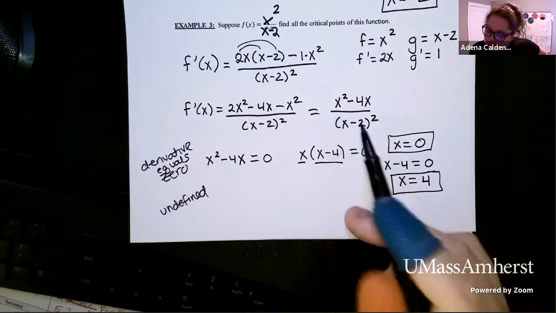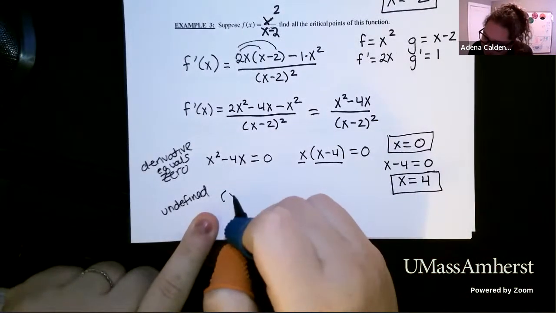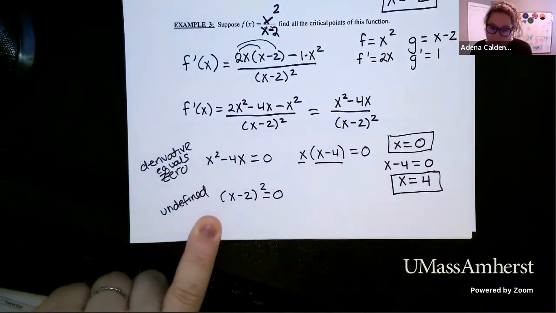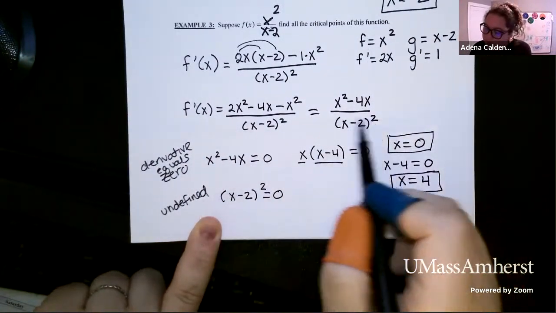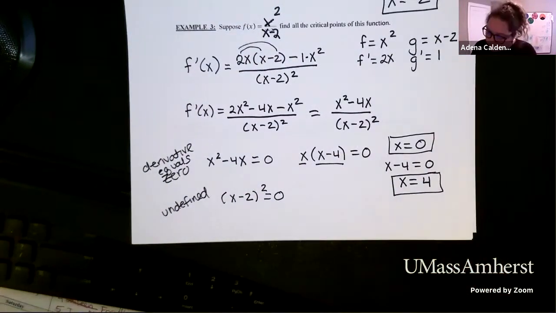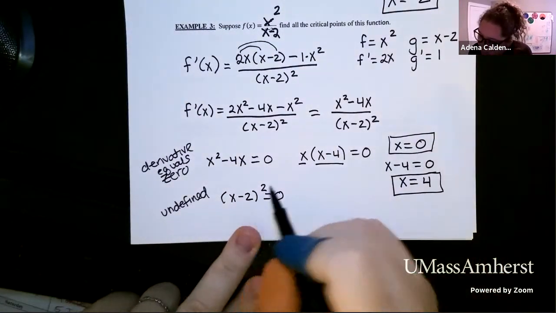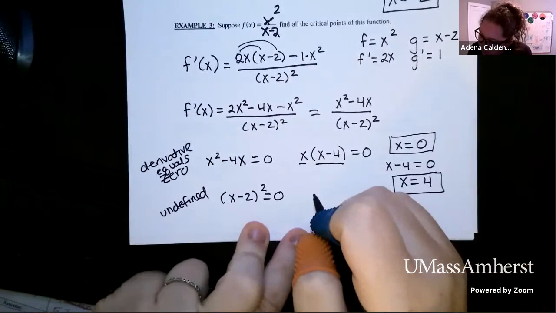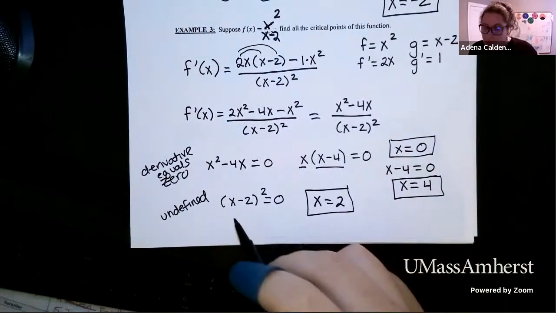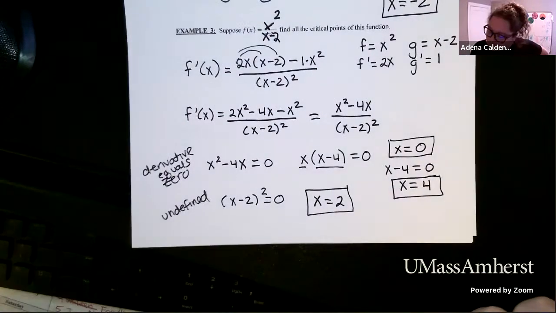Well, if it has a denominator, I want to see, is there anywhere where the denominator will equal 0? That will give me something undefined, because then the denominator goes to 0, and the whole thing goes to infinity. So I have x minus 2 squared, which will be 0 when x equals 2. That'll make that factor equal to 0.